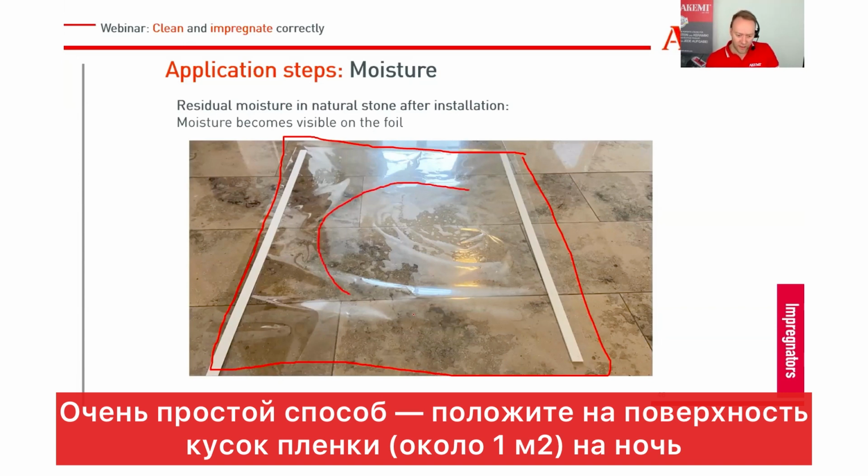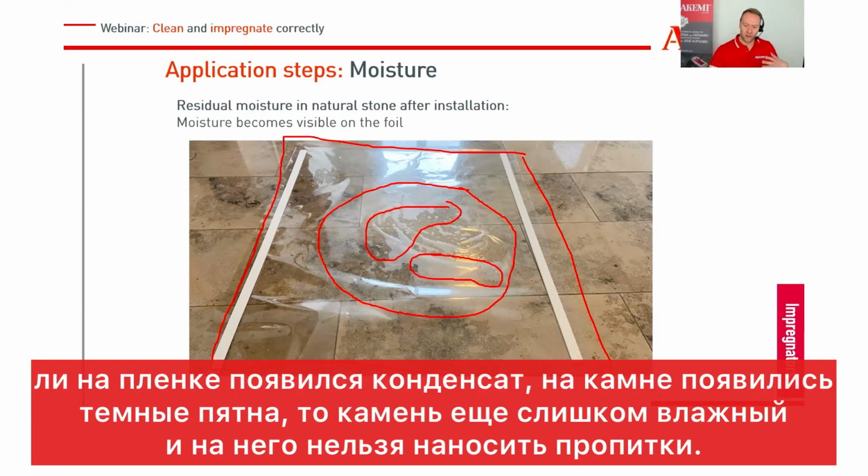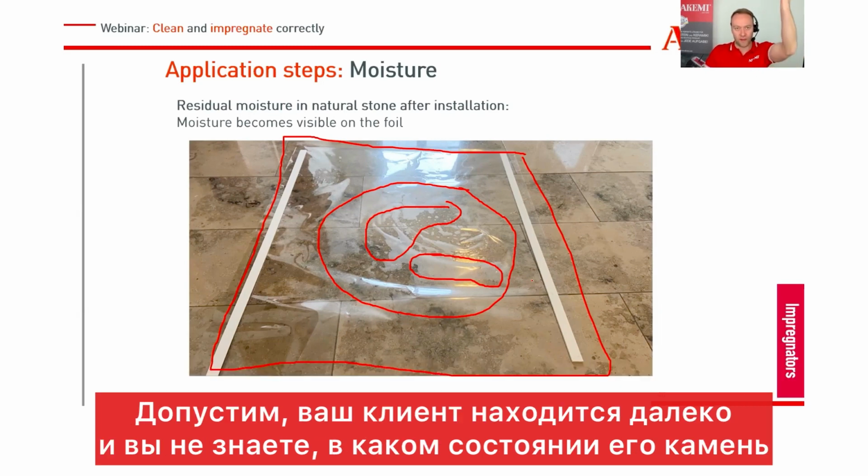And when you see there's some condensation happening in the plastic foil, the stone becomes dark in some parts, here's some condensation on the plastic. So this means there was still some humidity in the stone. Humidity in stone always tries to evaporate and goes out to the surface.